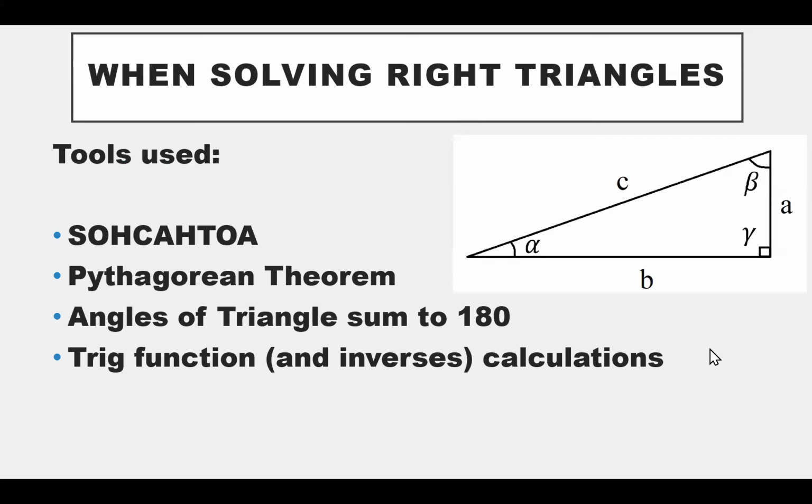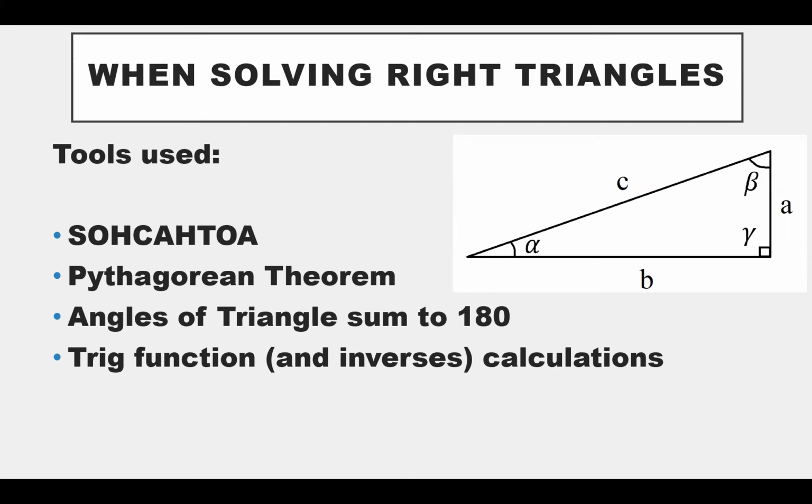And the tools we used when solving the right triangles were SOHCAHTOA, that is, the sine is equal to the opposite over the hypotenuse, cosine is adjacent over hypotenuse, tangent is opposite over adjacent.